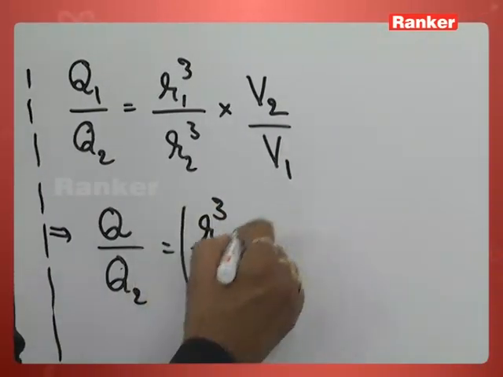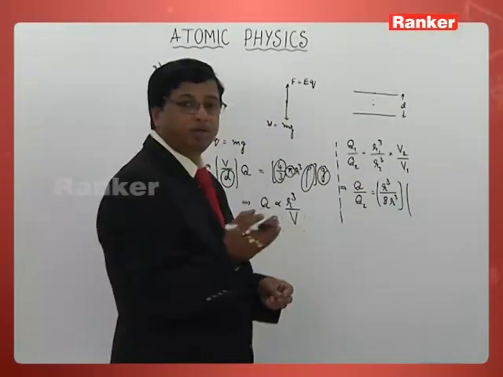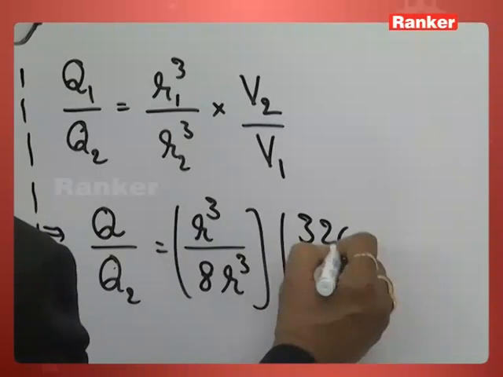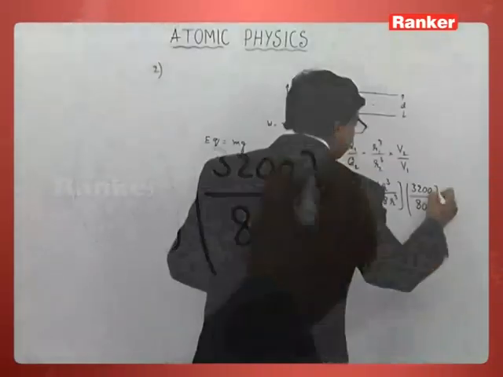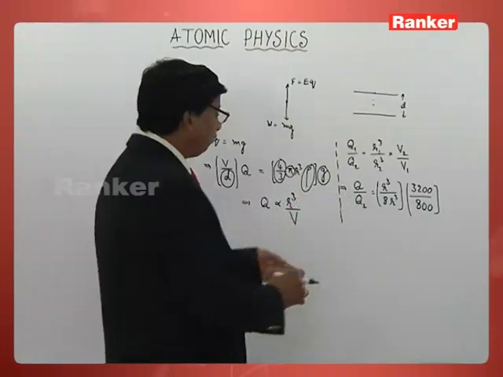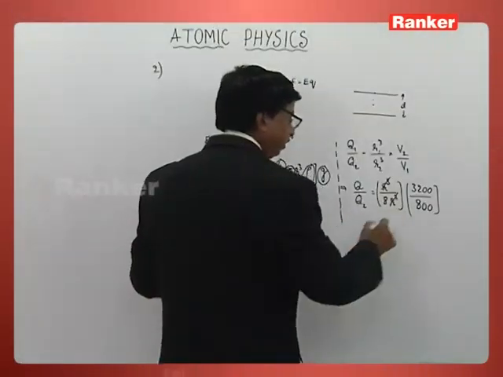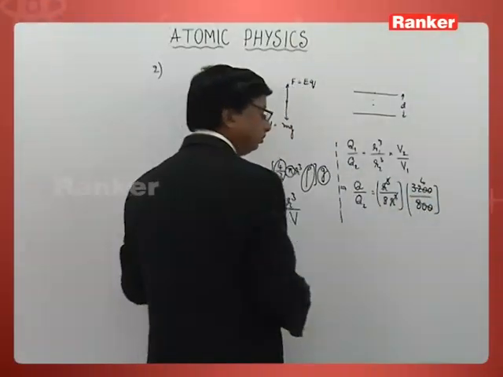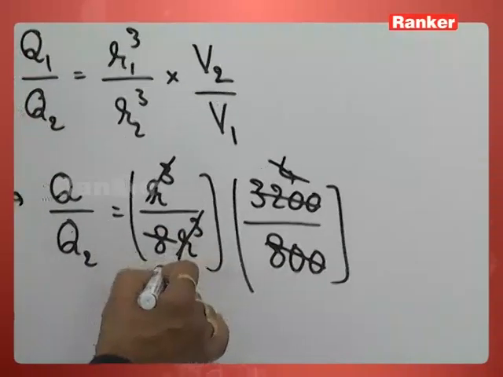Into what is this v2 that has been mentioned in the problem? 3200 volt has been given here. And initially the potential difference was only 800 volt. So according to these values, if you cancel these two off, now you will be getting this one going 4 times, and that 4 once again goes here twice.